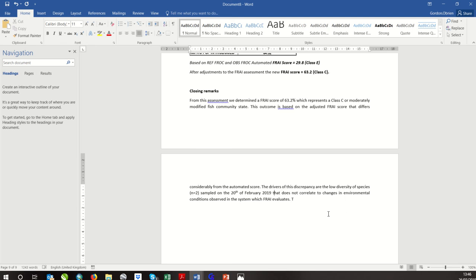Sampled on the 25th of February, out of an expected diversity of n equals 9. And why? Because the fact that we got so few species does not correlate to changes in environmental conditions observed in the system which FRAI evaluates.